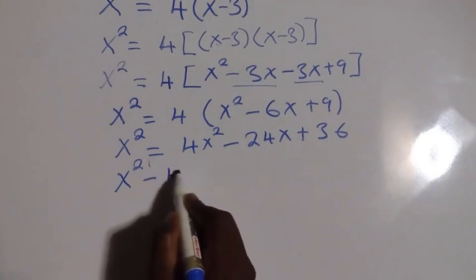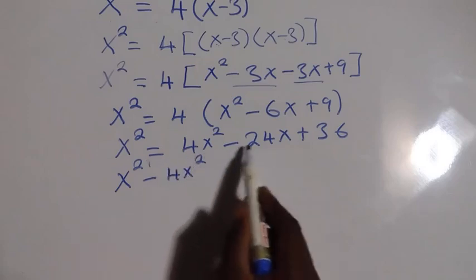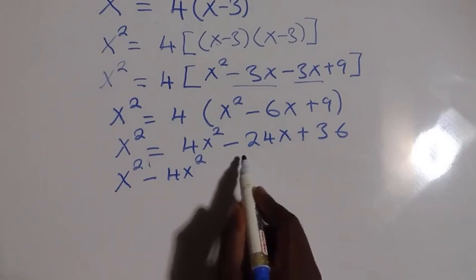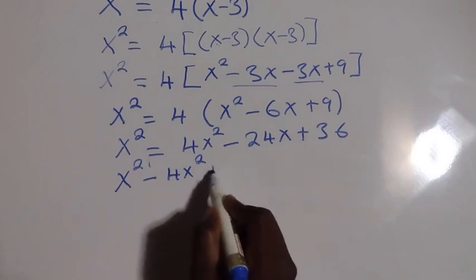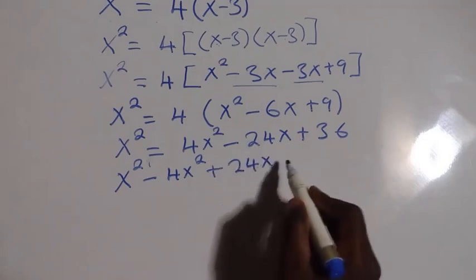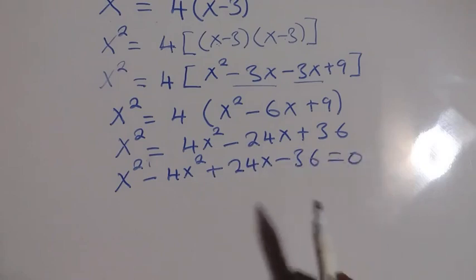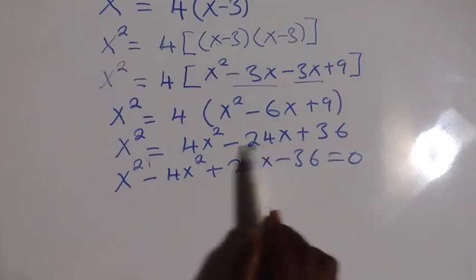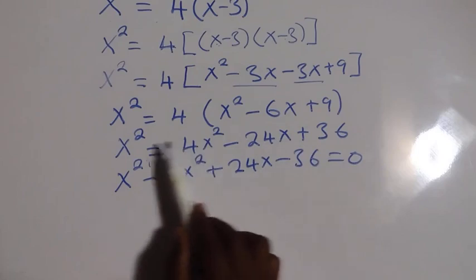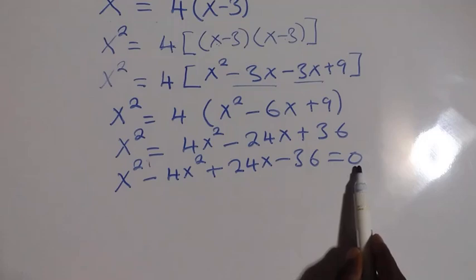You're going to have minus 4x squared. Okay, I hope you are following right here. Minus 4x squared. Then this we say plus 24x, then minus 36 is equal to 0. So I've just shifted everything that was on the right hand side to the left hand side, so that this side will remain with a 0.